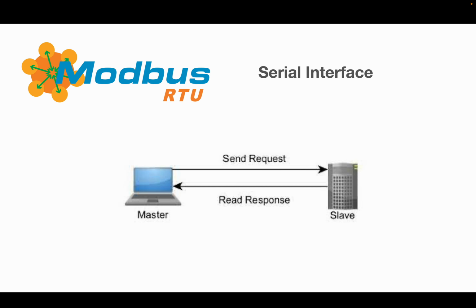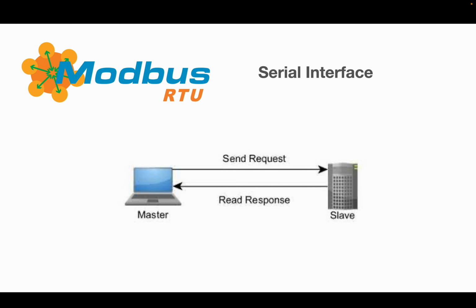Now let's have a quick look at RTU. Modbus RTU utilizes a serial interface as opposed to some type of network interface, and we have got the same sending a request, reading a response type system. That's what Modbus is. It's a request response protocol.